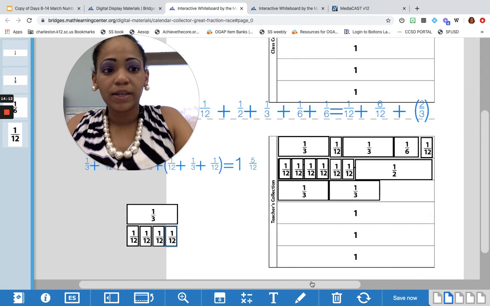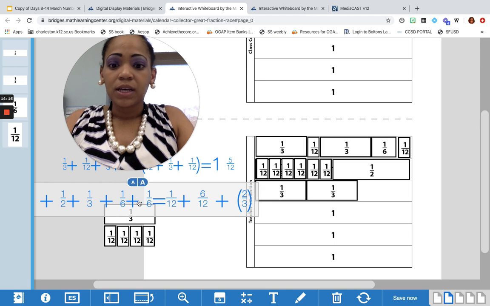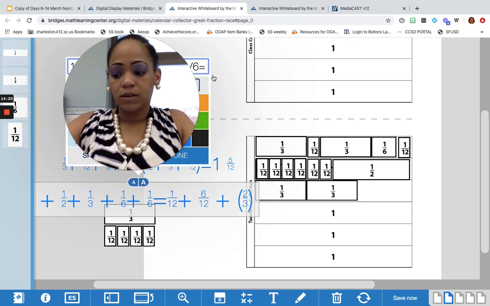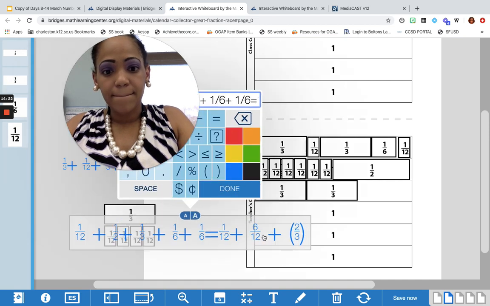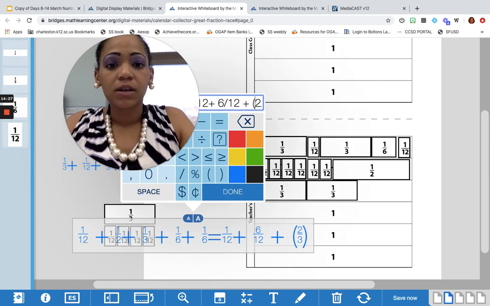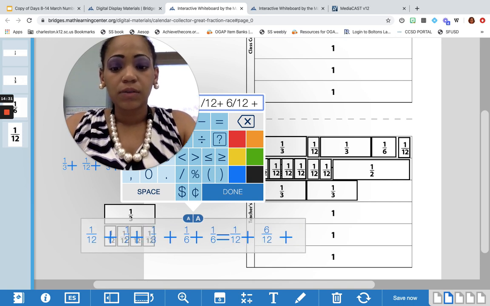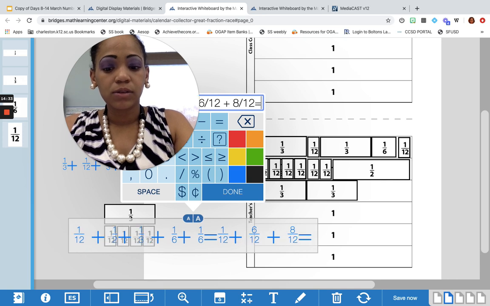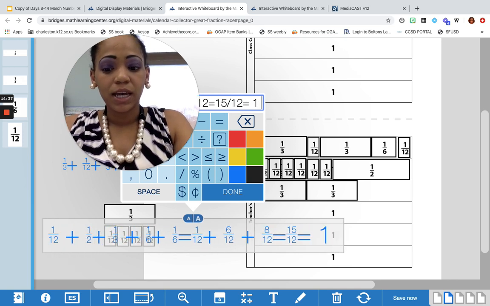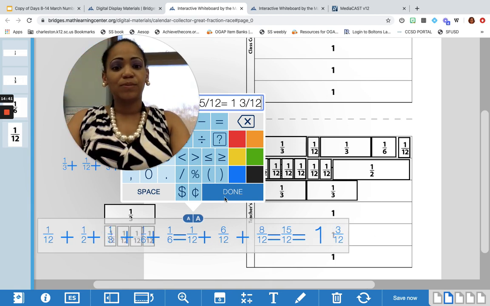Oh, here it is. I see it. Let me bring it down here. And for some reason it didn't save what I did just now. You know that 2/3 was, right, we said 8/12, so that gave us 15/12, which is 1 and 3/12. Perfect. So that's what I added to mine today.